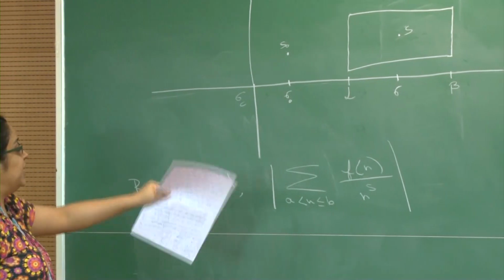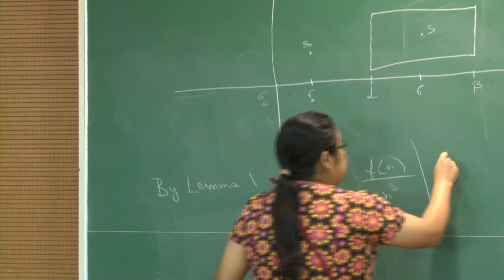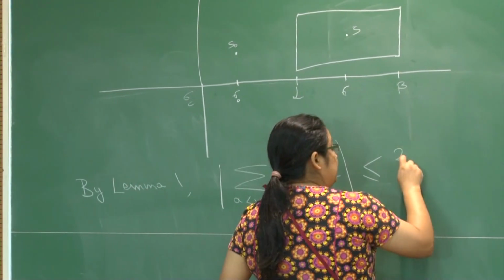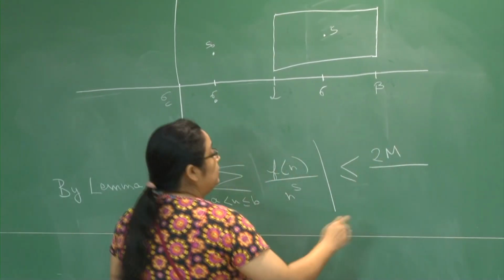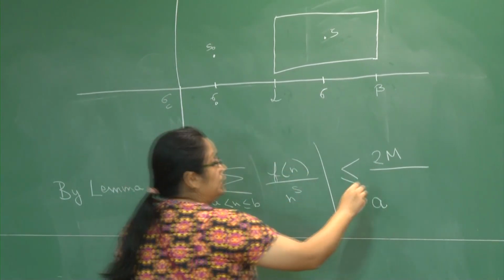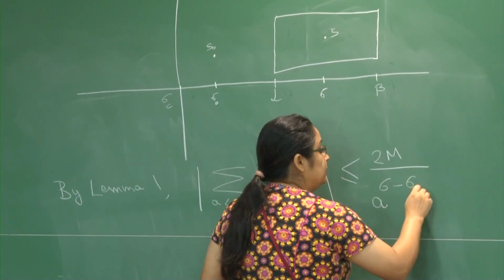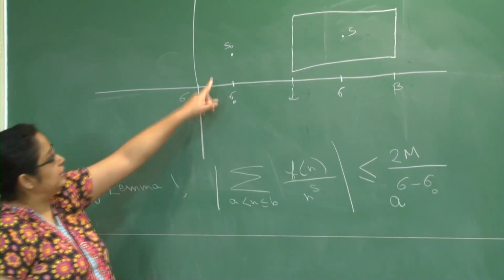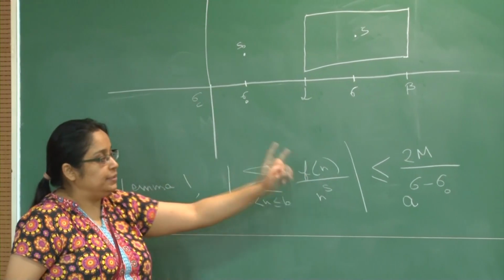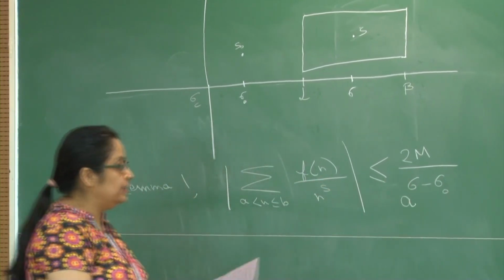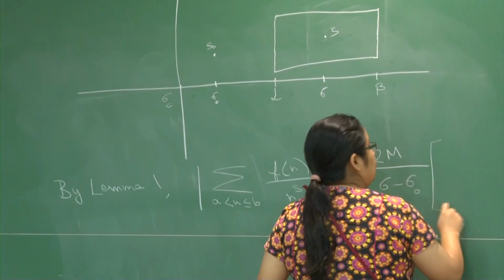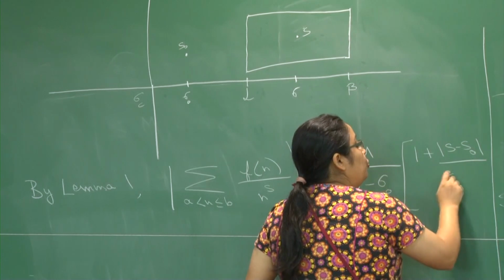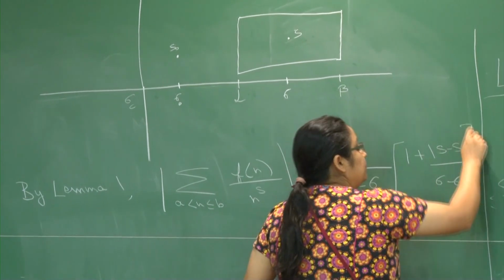So by lemma 1, what do you have? This is less than or equal to 2m over a raised to the sigma minus sigma sub 0, because you know that the series converges for S0. So that is the S0 you take here, times 1 plus absolute S minus S0 over sigma minus sigma 0.